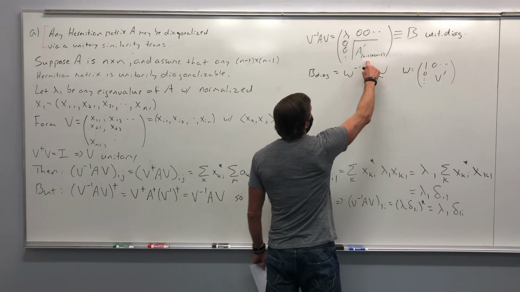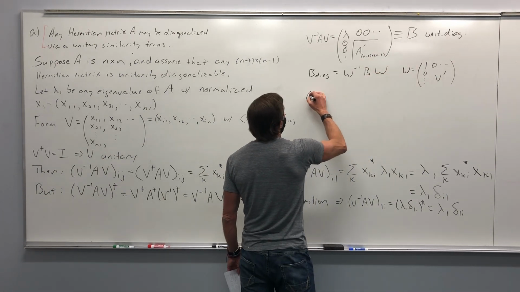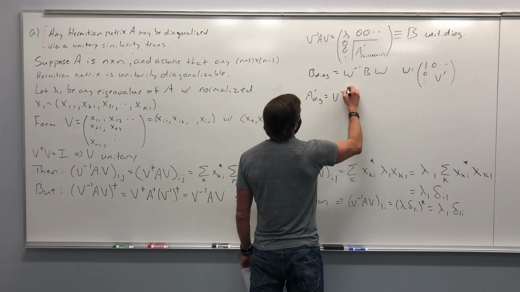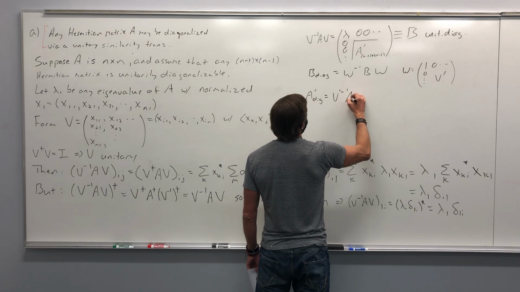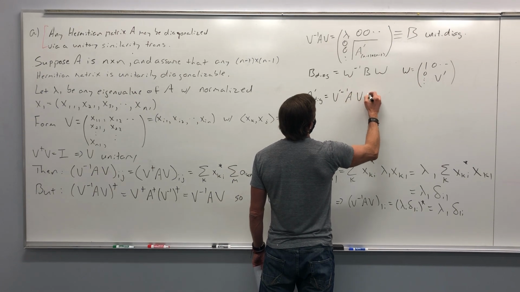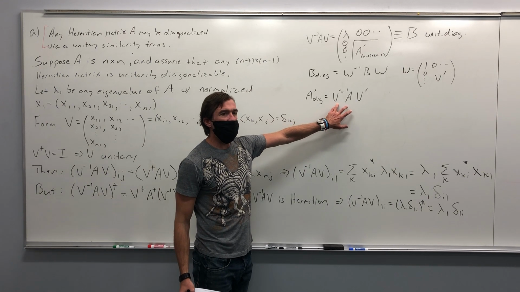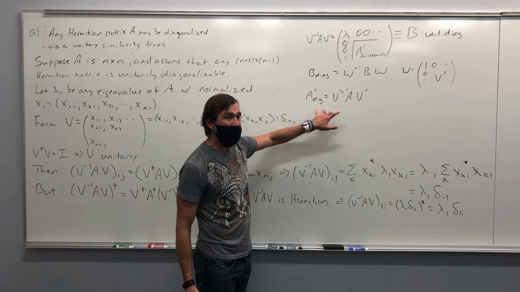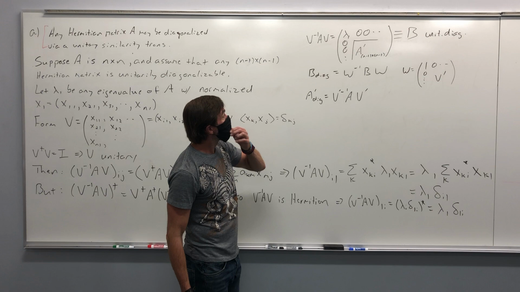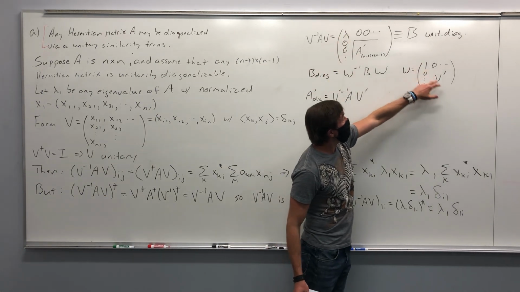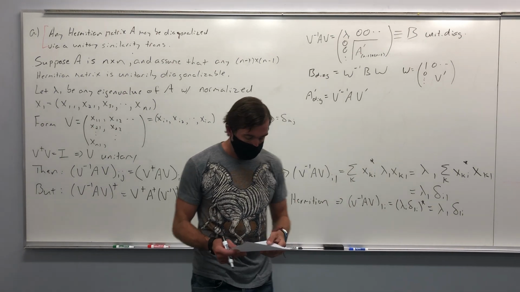So what we have in mind here is that A prime diagonalized is V prime inverse A times V prime. So V prime is the n minus 1 by n minus 1 matrix, which diagonalizes A. So if you want to diagonalize the whole thing, you just use 1 and B prime.